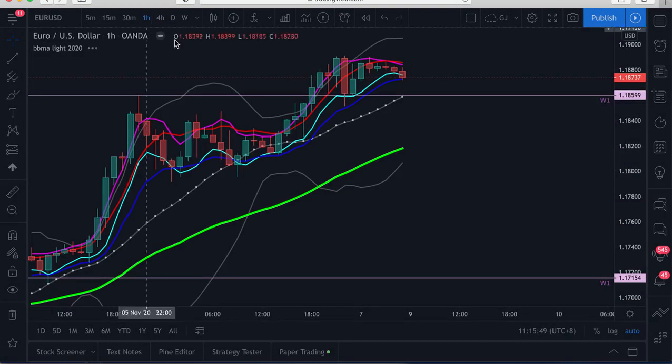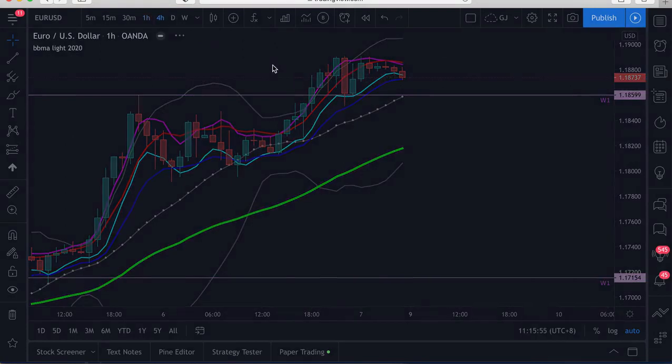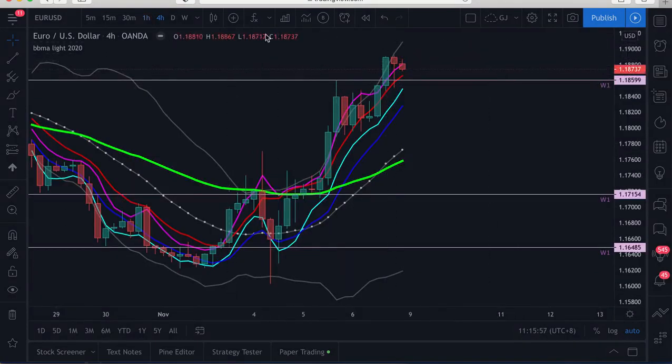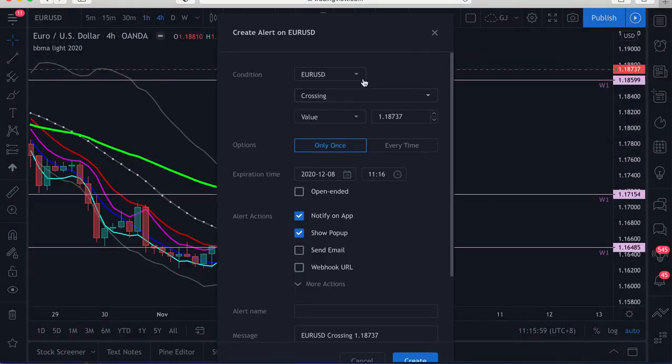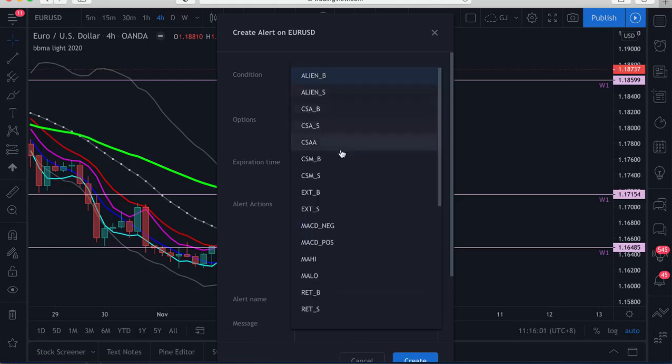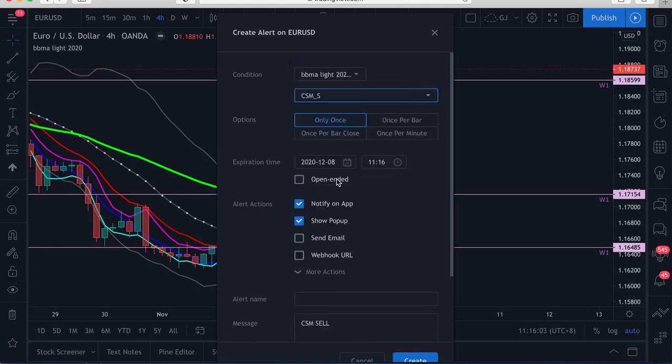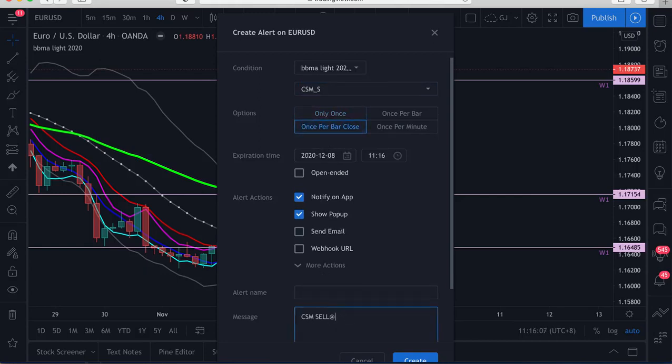And also on H1, we can see that price also starts to close inside the Bollinger Band. Both are MHV sell. So we're going to create an alert for EUR USD as well: CSM sell at H4 and make sure it closes below EMA 50.